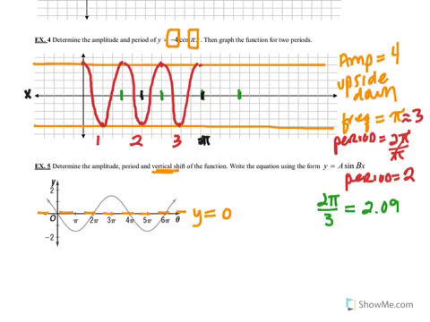All right, let's look at the amplitude. If you put in a line at the maximum value and at the lowest value, it looks like the amplitude here is about 1.5. So we can say that the amplitude is 1.5.